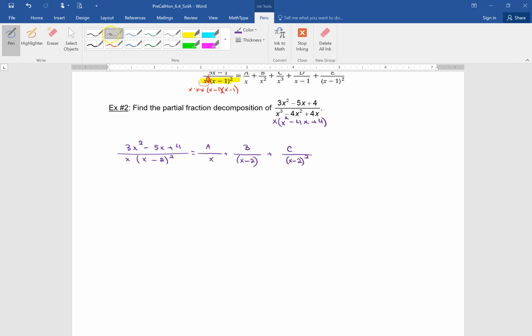All right, same situation. I'm just going to multiply the whole thing by the common denominator. So everything cancels here. The x's cancel here. X minus 2 cancels with one of these, and both x minus 2's cancel there.